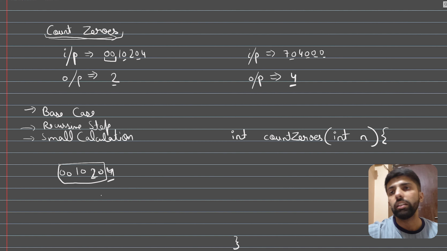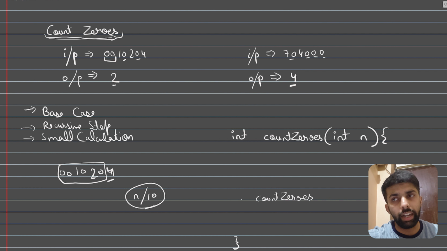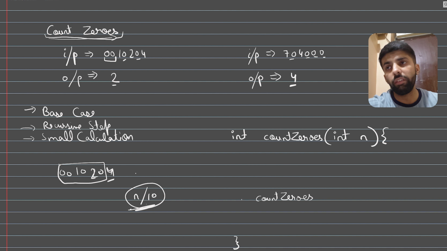Right? So again, we will have our recursive step. So it will be count zeros. We know if we want to separate the last digit from the rest of the number, to get the rest of the number, we will do n by 10, right? This will give all the digits except for the last digit. So I will give this part to recursion.